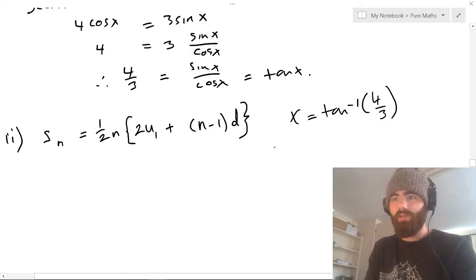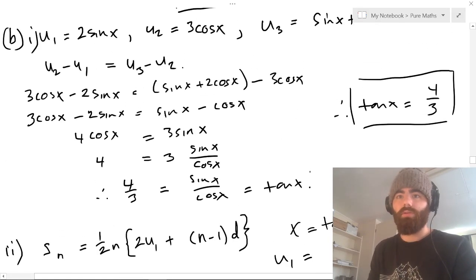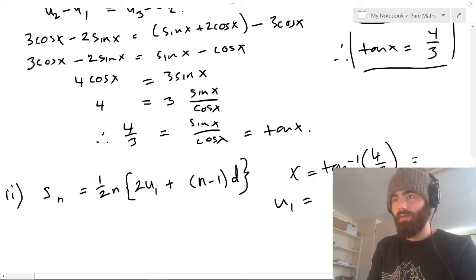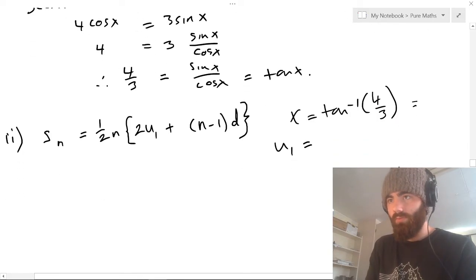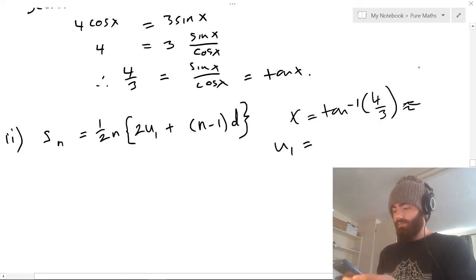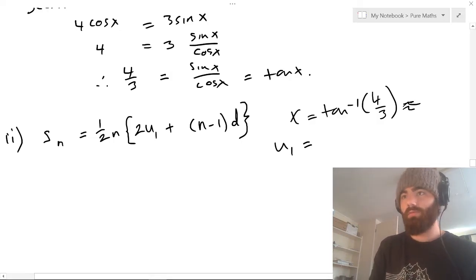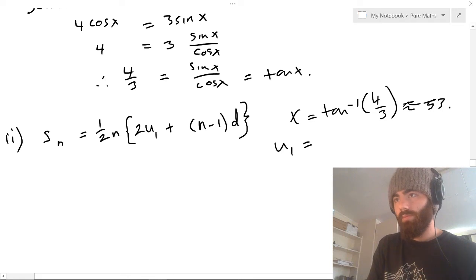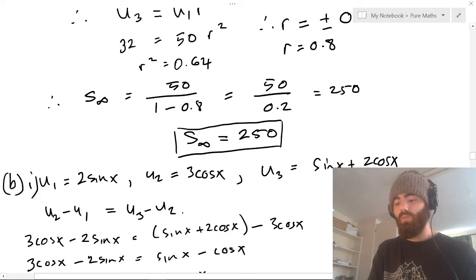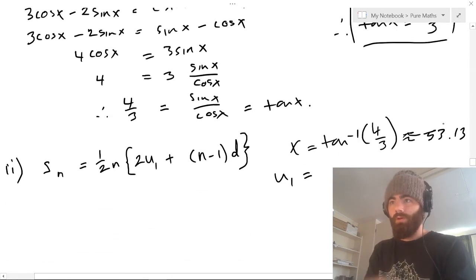So let's just work out these things. x is approximately, shift tan of 4/3, approximately 53.13 degrees.